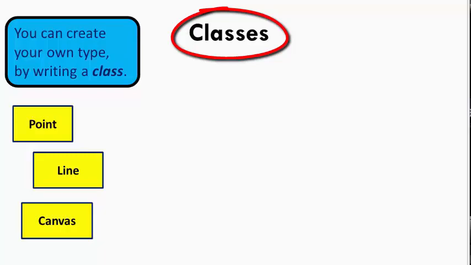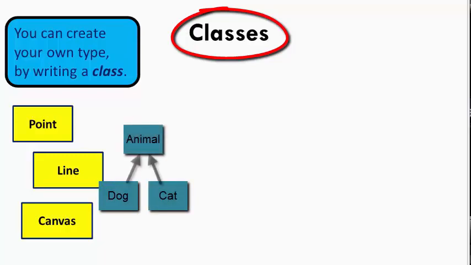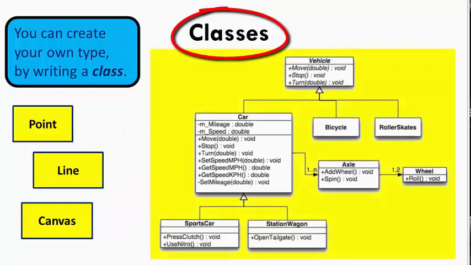If you are doing a program that dealt with animals, you might have a dog class, a cat class, and an animal class as well. If you were simulating a city, you would probably want a vehicle class with various subclasses for types of vehicles, and also classes for parts of vehicles like axles and wheels.